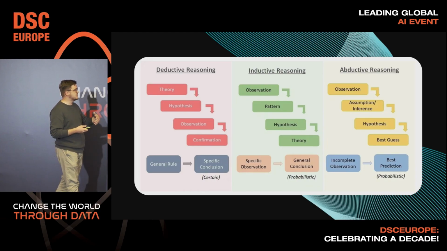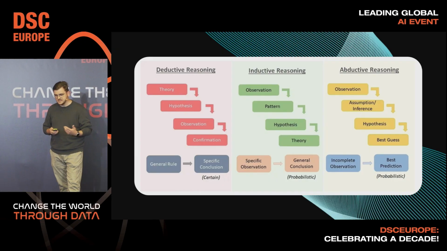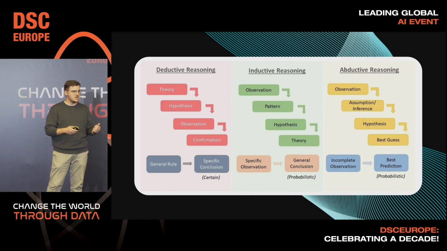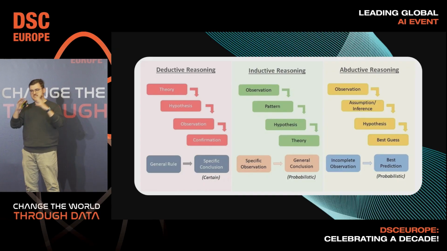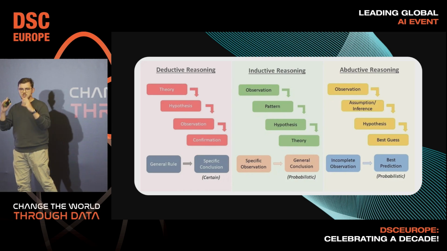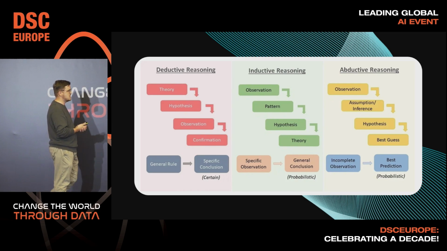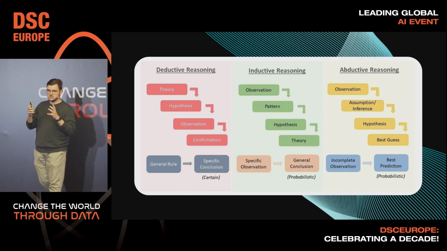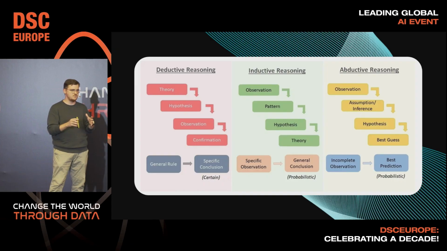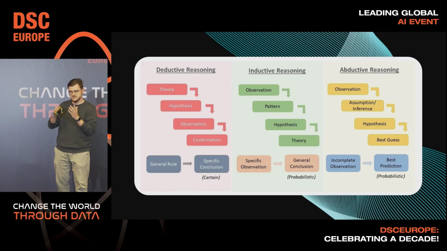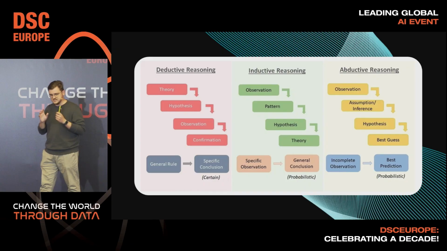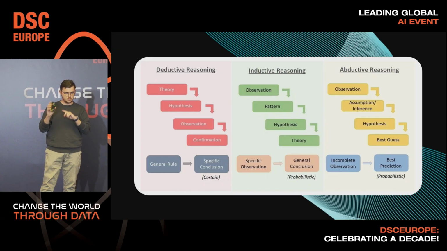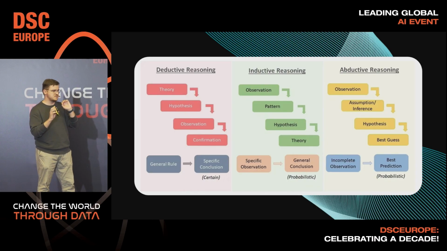The second one is inductive reasoning, a pattern that uses historical data, patterns, and associations in order to come from specific observations to general conclusions. As an example, if people say that this restaurant serves bad food, then probably it's bad and it's not worth going there. That sort of conclusion is not 100% sure, but it is quite certain.